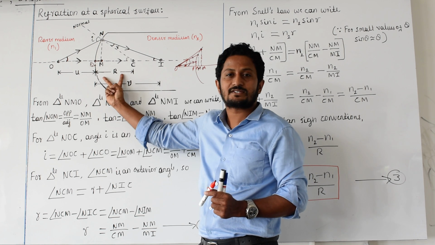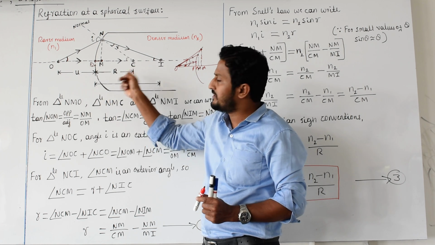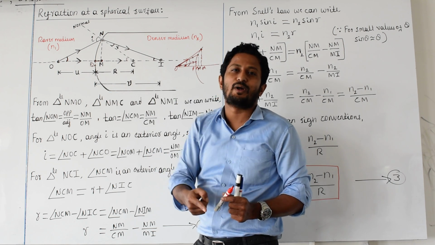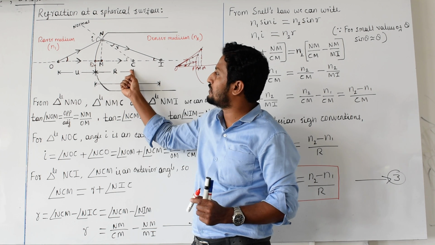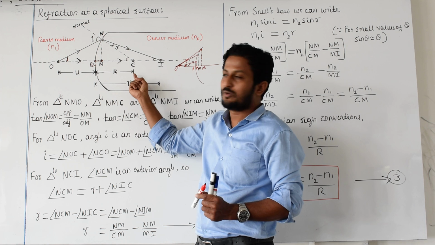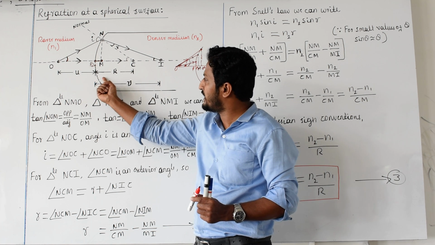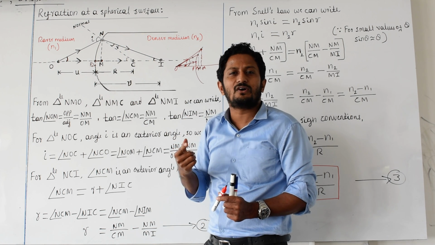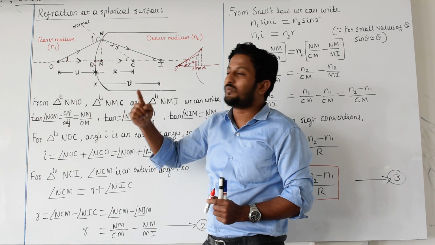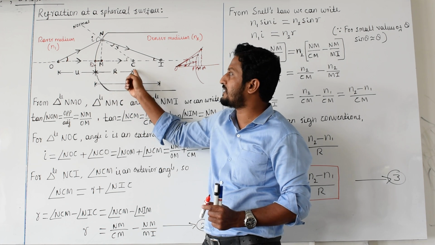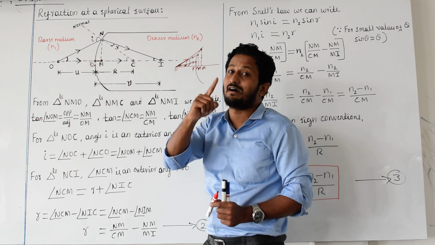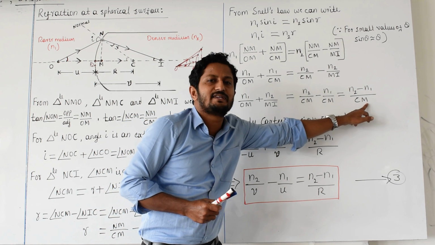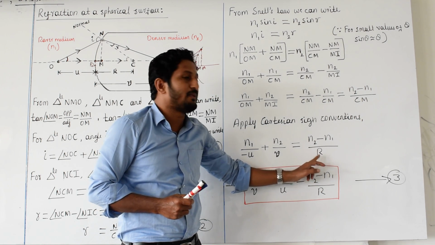This is the radius of curvature. That distance also we have to measure from the pole point only. This distance also you have to measure from the pole towards C. Your measurement is going in this direction, I mean it is along the direction of incident light. So you have to take this MC or Cm as plus R. So now look here on this one. Where Cm is there, you have to write plus R.